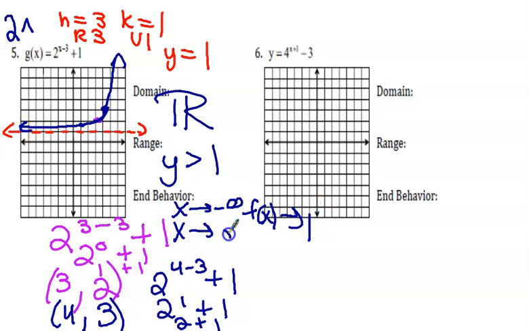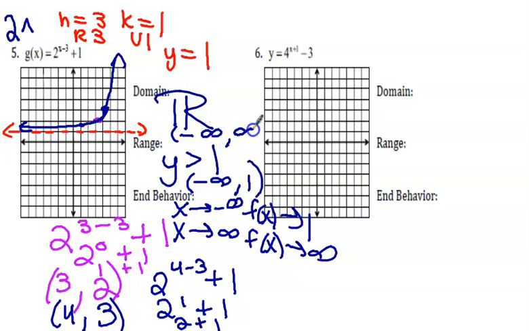When x is approaching infinity, f of x is approaching infinity. As x is getting bigger, y is getting bigger also. Your range, you can also write -infinity to 1 if you prefer, and the domain, you can also write -infinity to infinity. Just ask your teacher what they prefer.